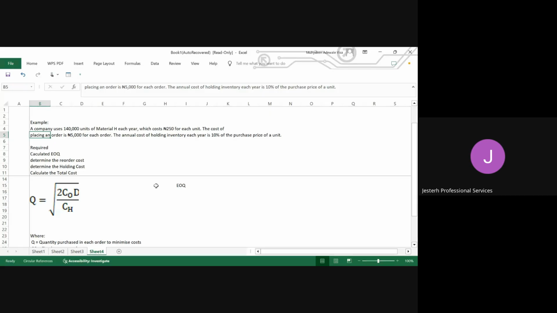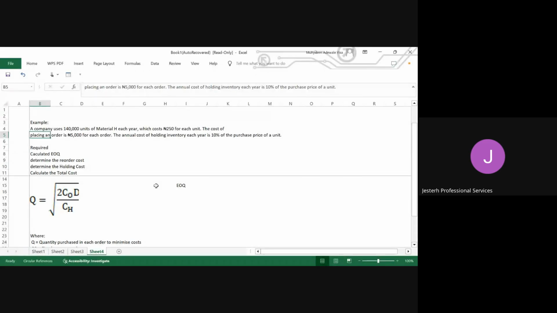So in this aspect, the company decided to budget their holding costs at 10% of each purchase price of this material H.